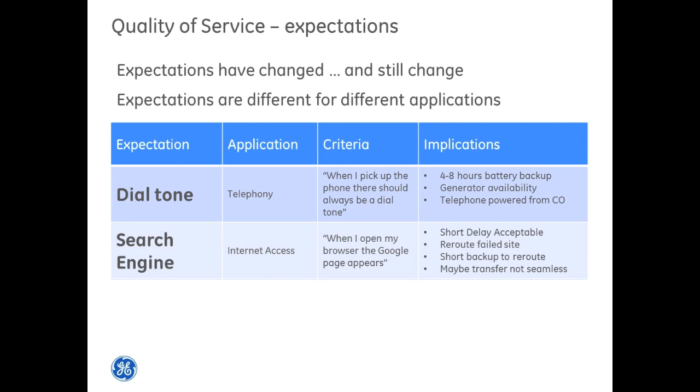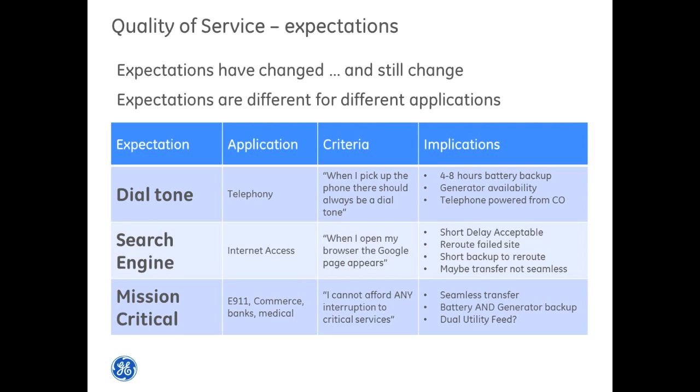Short backup is required to be able to reroute a request to a different site. And in this case, maybe a transfer that is not seamless may be acceptable. If the search results take 3 or 4 seconds to come back, that's probably acceptable. If it has to be rerouted and takes a little bit longer.